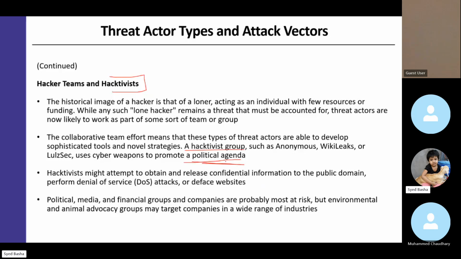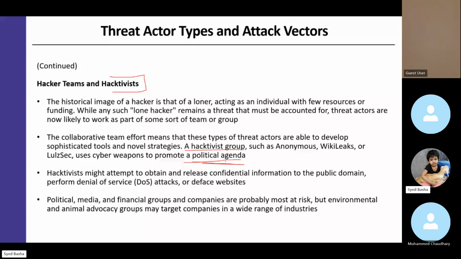Whereas a hacker team will fix a target, do the hacking, and once they are able to compromise it, they will ask for money, or their demand may be different. It differs from team to team.